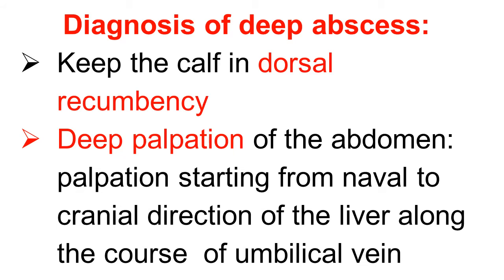Then start deep palpation of the abdomen, starting from the navel in the cranial direction to the liver along the course of the umbilical vein. On the course, the clinician may find the presence of an abscess.